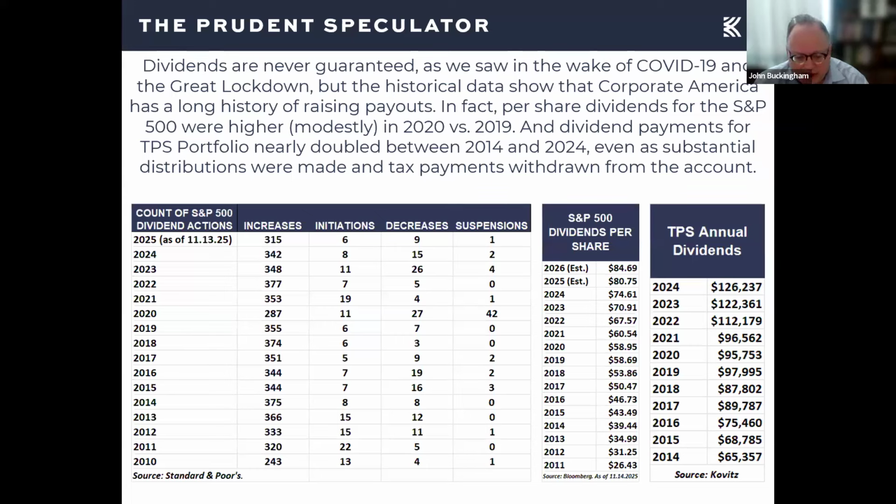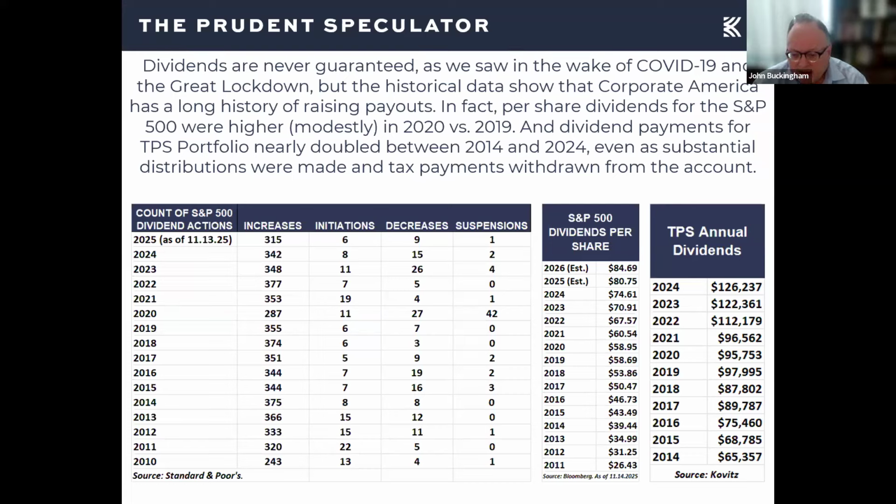And so we'll show you the numbers here on the S&P 500. Over each year, generally speaking, most companies, about 2/3 of them, will raise their dividends. Obviously, there will be a handful that reduce them or suspend them. But over time, dividend payouts increase. And you can see on the chart in the middle of the screen how the payout on the S&P 500 has risen over time.